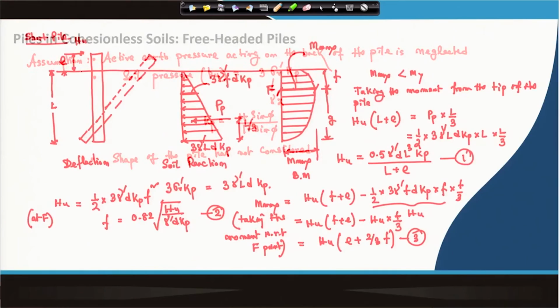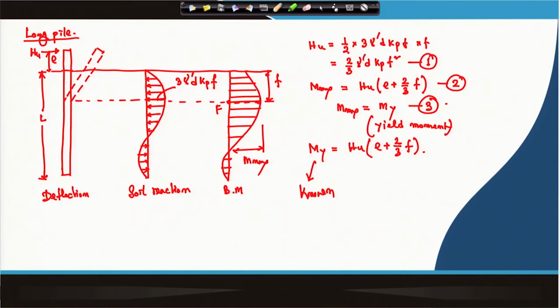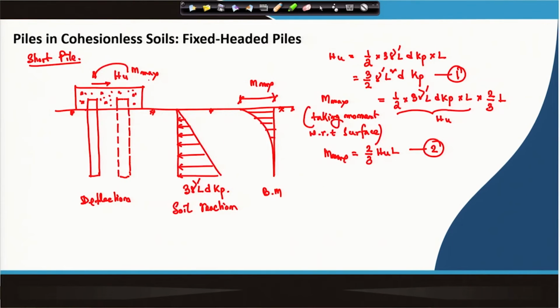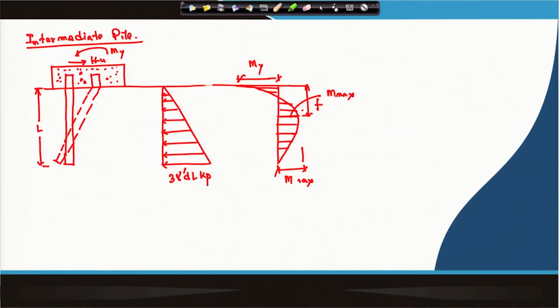So, now I have to consider here this is M max, this is M y. Now, if I take one reaction force F at the tip of the pile, because the pile is rotating very close to the tip of the pile. So, now I can write in case of intermediate.